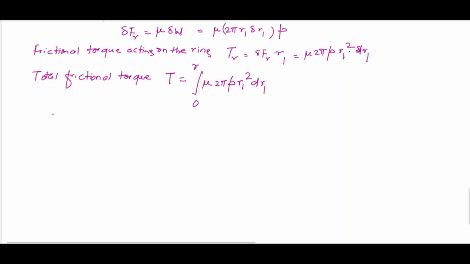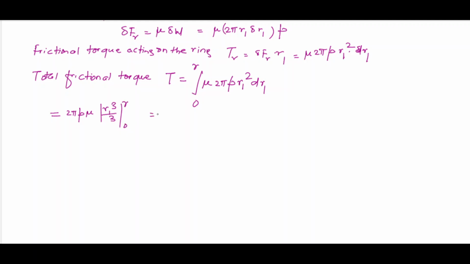So you take 2 pi p mu out, and you'll have r1 cube by 3 from 0 to r.